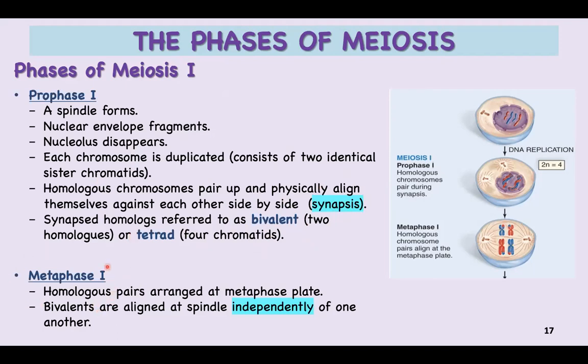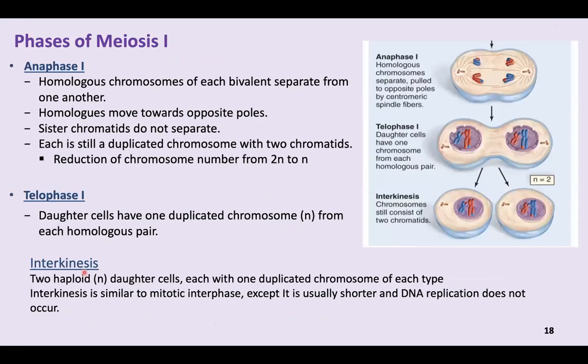Metaphase 1 ni is the independent assortment. Okay, dia line up at the metaphase plate. Yang ni dia akan berlakunya independent assortment. So by bivalence ni kan, yang tadi tu, are aligned at the spindle independently of one another. So after metaphase 1, we have the anaphase 1.